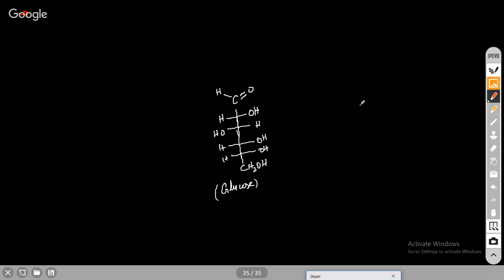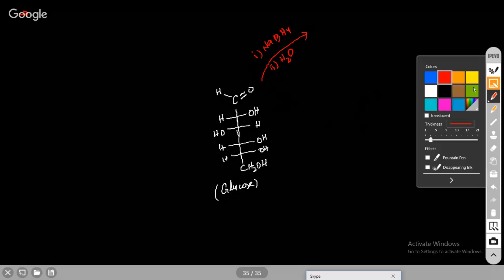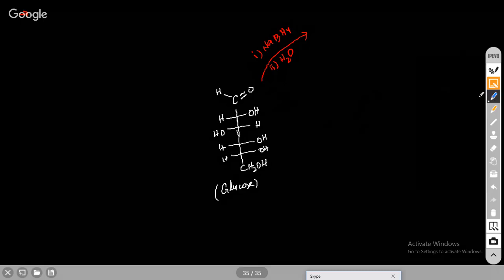Now, when this glucose reacts with NaBH4, a reducing agent, and water also we use, then reduction takes place and this aldehyde reduces into alcohol, correct?